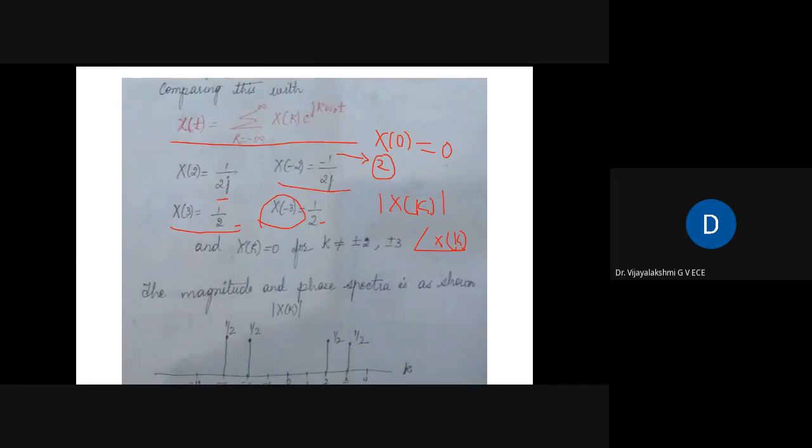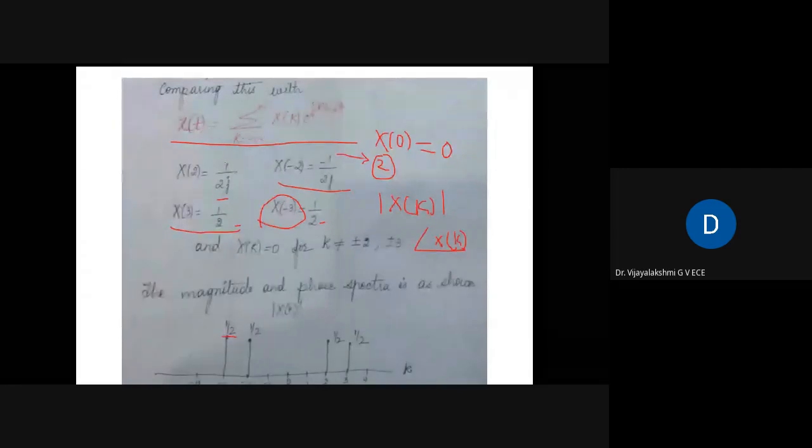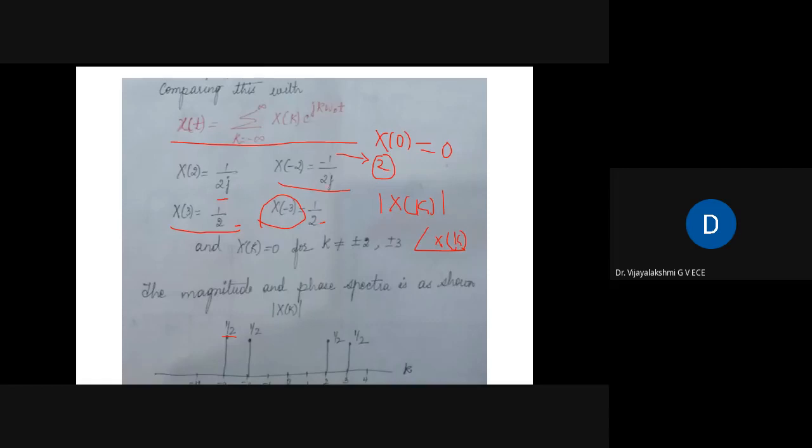So if you find the magnitude of x of 2, it is 1 by 2, and magnitude of x of minus 2 is 1 by 2, and magnitude of x of 3 is 1 by 2, and magnitude of x of minus 3 is also 1 by 2. And phase is similar to the previous problem. You get two phases, one is plus pi by 2, the other one is minus pi by 2.